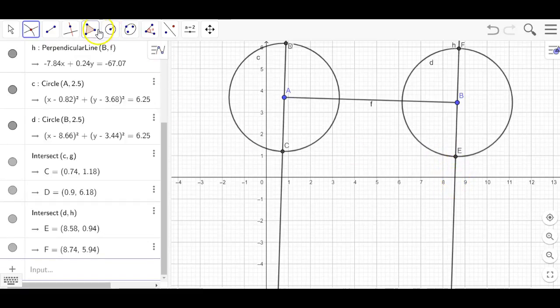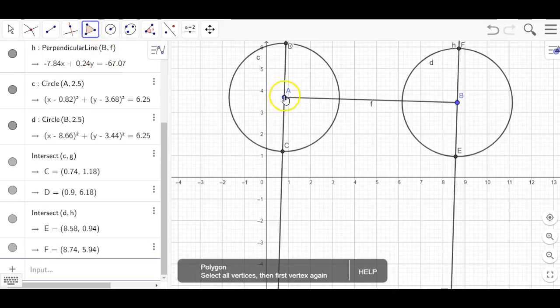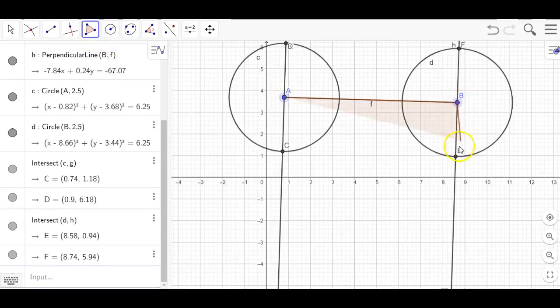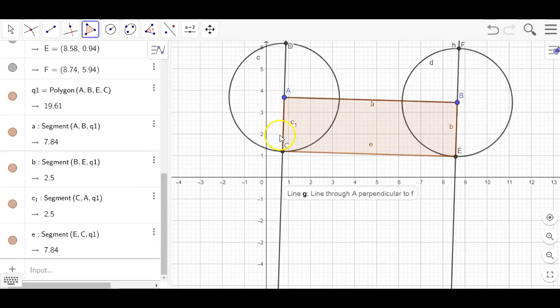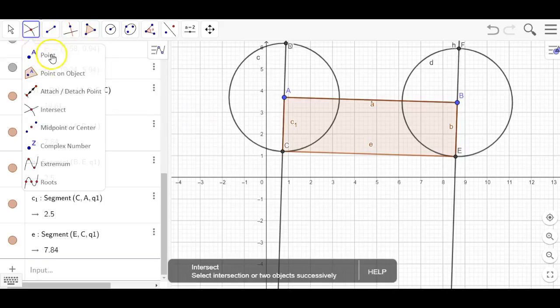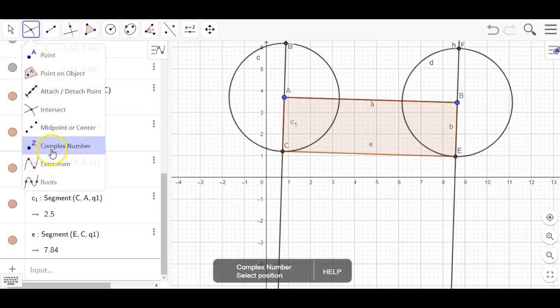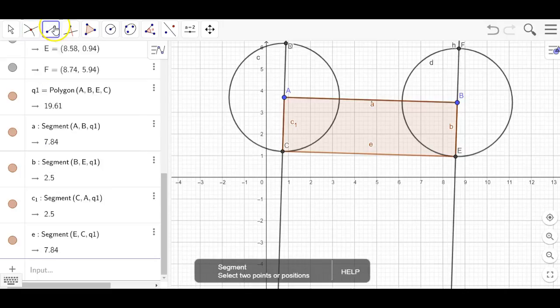Alright, now I've got my rectangle A, B, E, C. Okay, back to A. That makes this a rectangle. Okay, for sure now I know I have a rectangle here. And what I have to do is add a square. So, you know what I should do is make that into a line here instead of a segment.